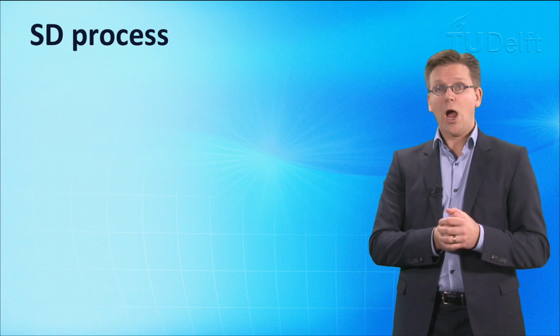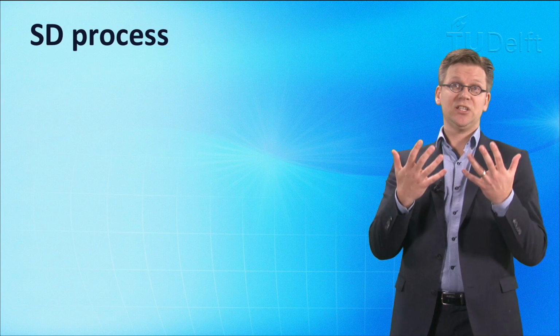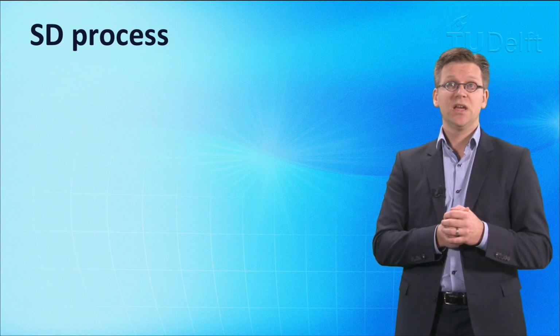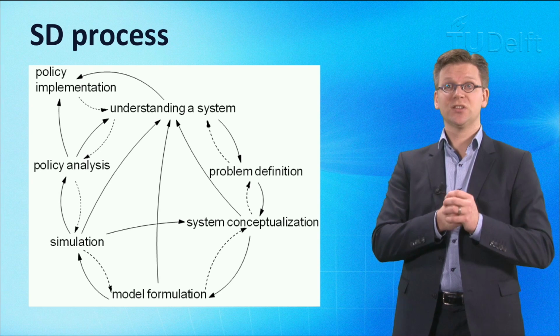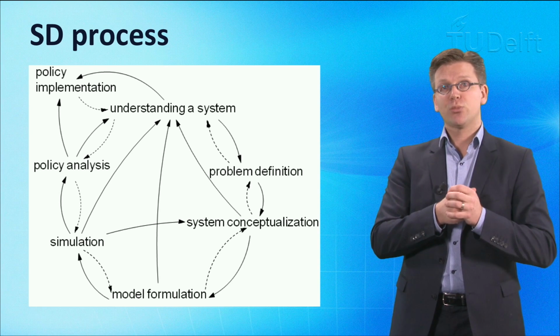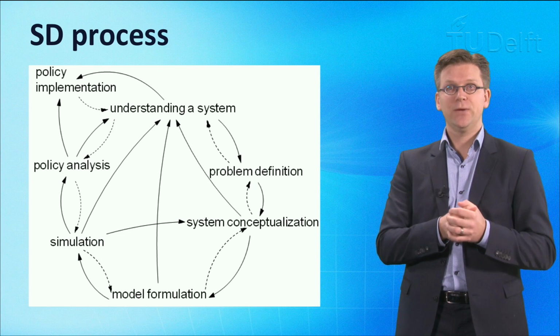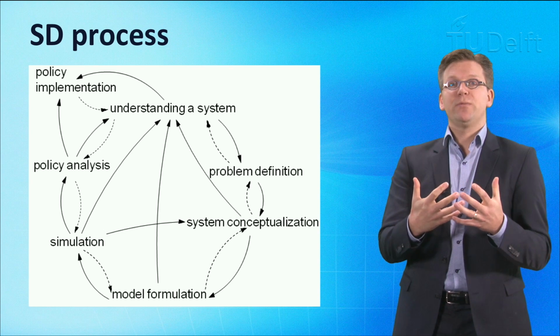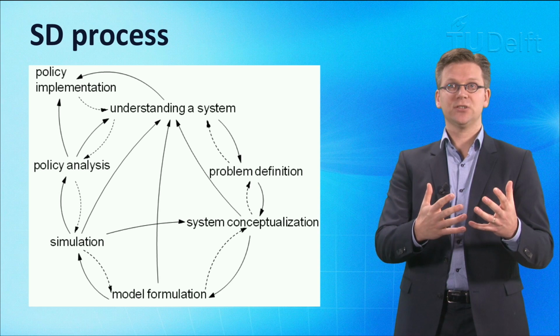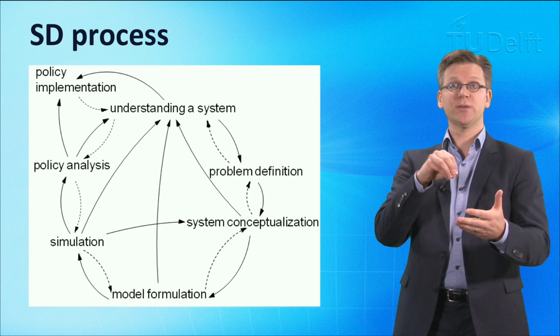So, how are system dynamics models made and used? In other words, what does the system dynamics process look like? As you can see from this picture, the system dynamics process is very iterative and interactive. Problem owners and stakeholders are involved in many, if not all, stages of the process. In fact, it all starts from the mental models of problem owners and stakeholders, and from this starting point, system dynamicists first distill conceptual models.